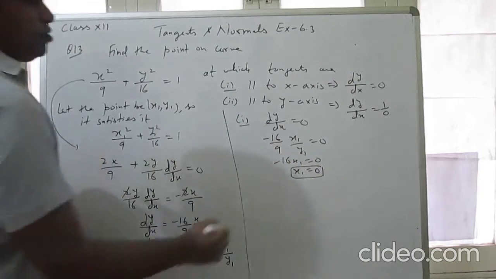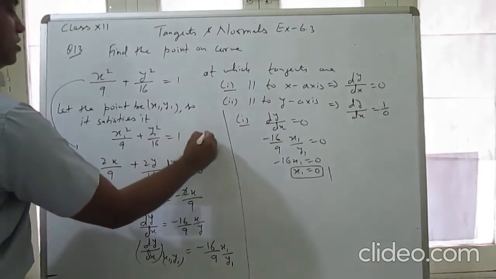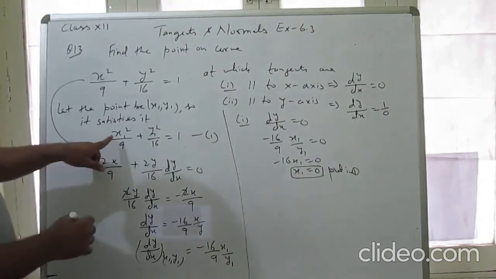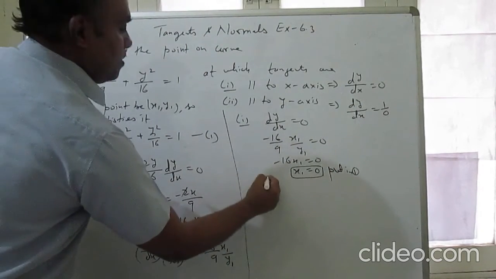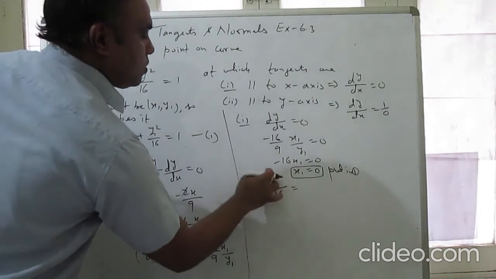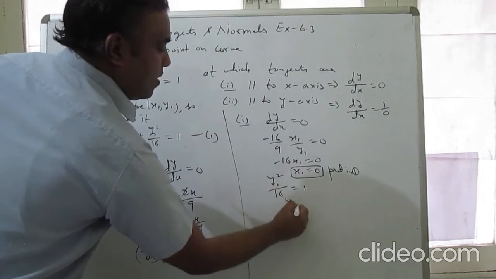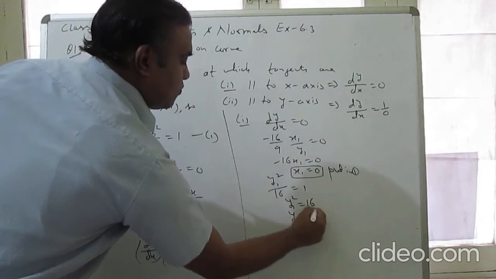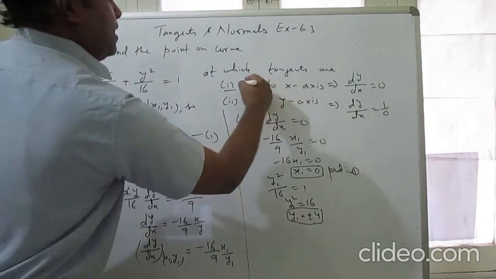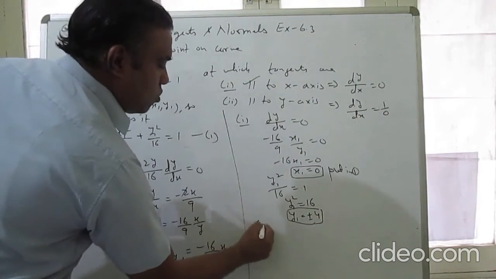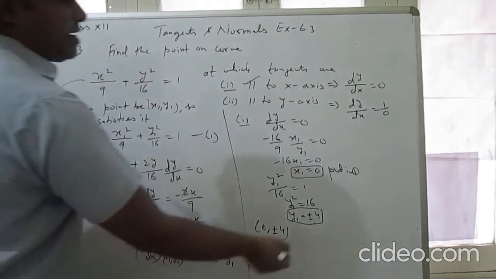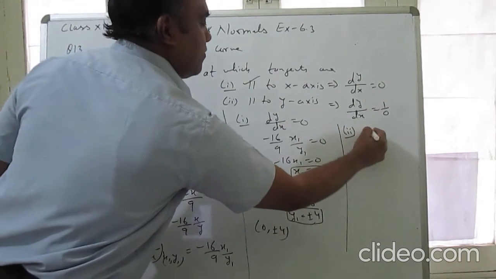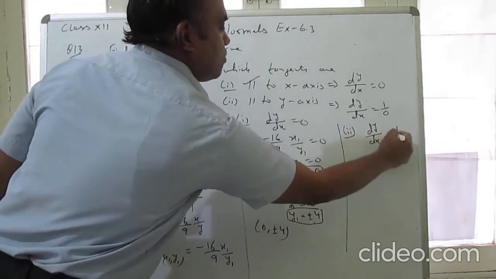If x1 is equal to 0, put it in the first equation. Put in 1, what will come? x is 0, so y1 square upon 16 is equal to 1, y1 square is equal to 16, y1 is equal to plus minus 4. So the point is x1 is 0, y1 plus minus 4. Now second part is given, dy by dx is equal to 1 upon 0.